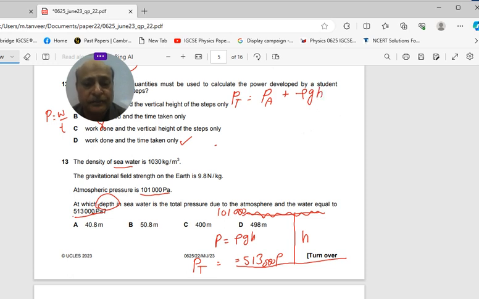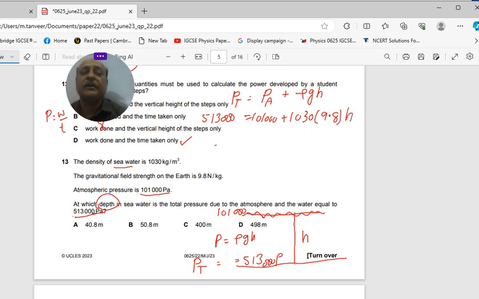So total pressure is given: 513,000. PA, atmospheric pressure, is 101,000, plus the density of water, which is given in the question, 1030. The value of g is 9.8, and the height, which is the depth, you have to find.